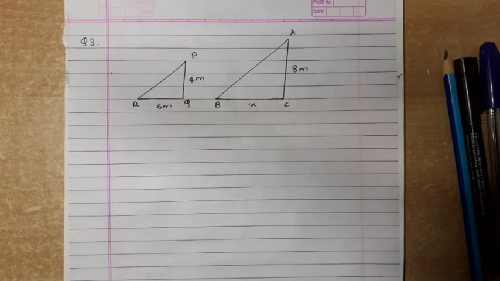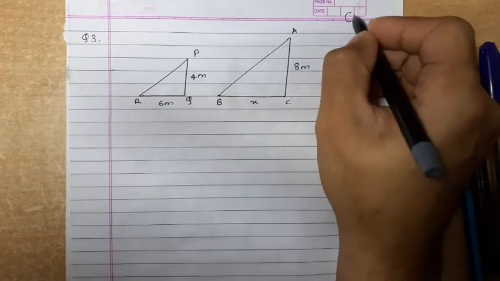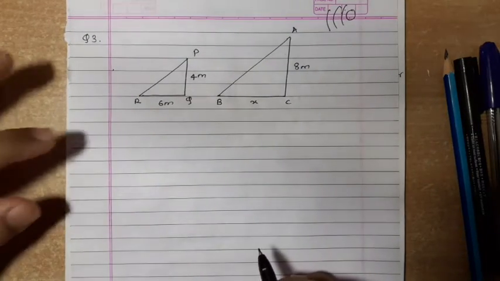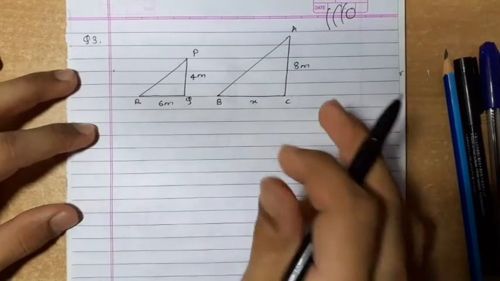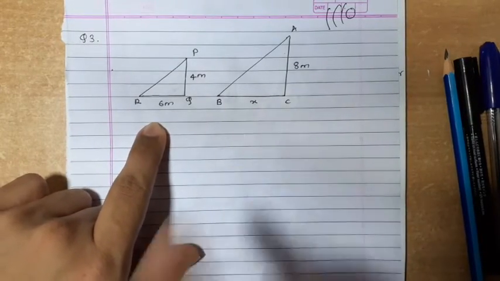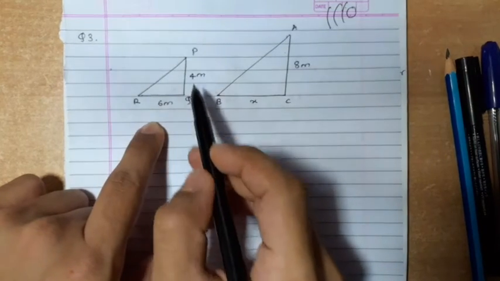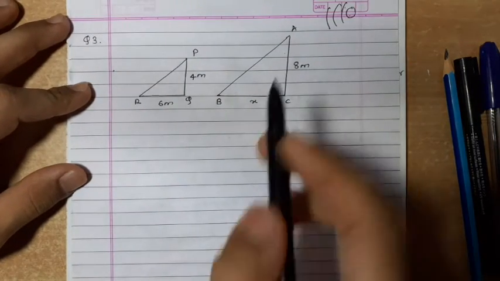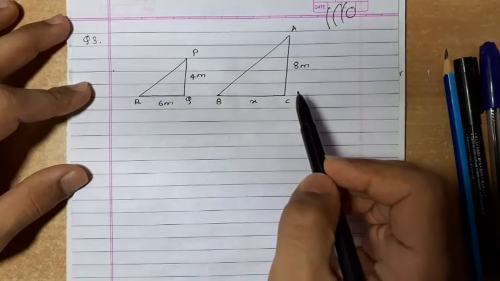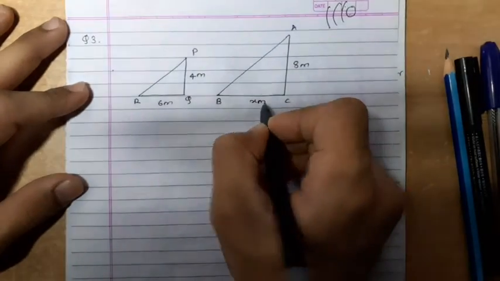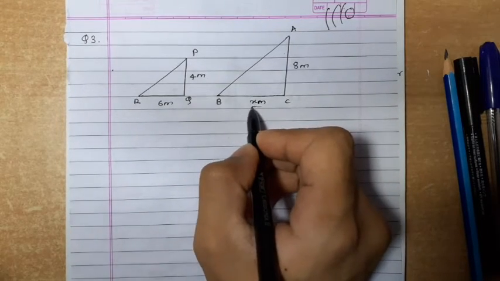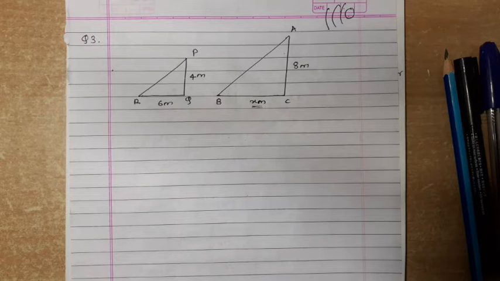Also, it is mentioned in the question that due to sun rays, shadow appears on the ground of these two poles. So of the pole PQ, we get the shadow as 6 meters, and for the other one, we get the shadow as X meters. So we are asked to find the length of X.